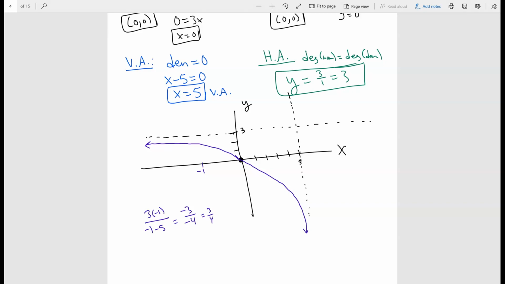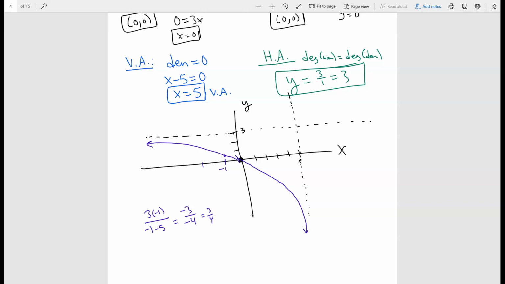Obviously, I drew it a little bit lower, but I wanted to give you a glimpse of what this would look like. Maybe -1 is way too far. If you think of -1 here, and the value is right here, the graph is going to go right through that point. And you can draw many other points if you want to. This is how that graph is going to look.